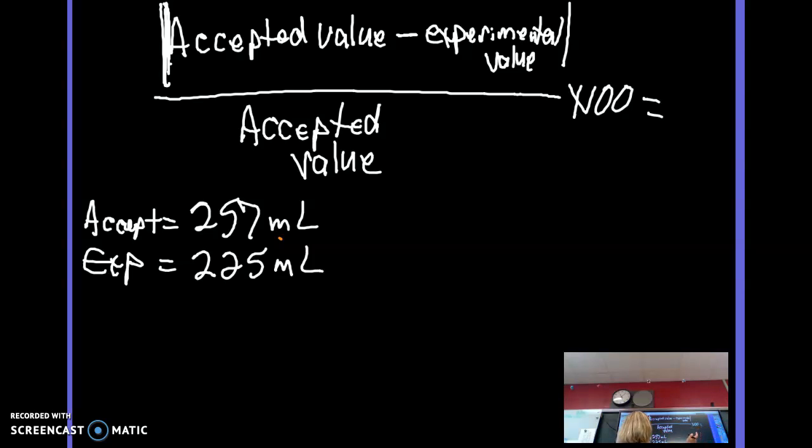I want to take my accepted value minus my experimental value, so I'm finding the difference between those two.